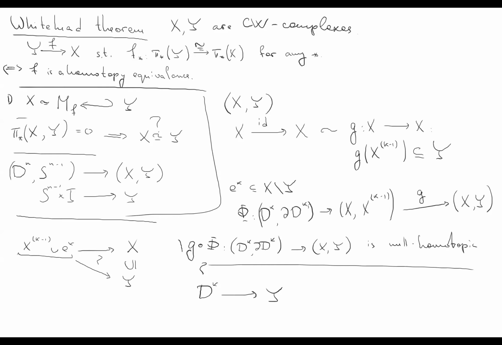So now we can apply this kind of homotopy to all k cells, and then we can use the Borsuk theorem to extend our homotopy to X. Yeah, that's nice.